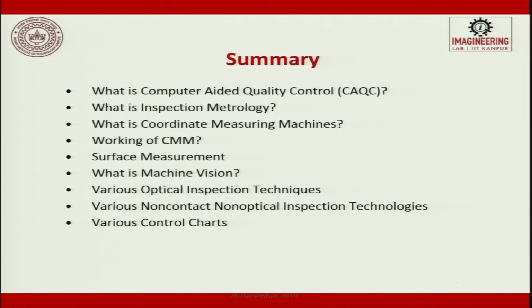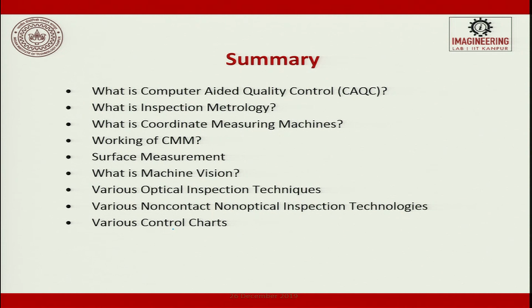To summarize, in this chapter we have seen what computer aided quality control is, what inspection metrology is, what a coordinate measuring machine is and how it works, surface measurements, what machine vision is, various optical inspection techniques, various non-contact, non-optical inspection technologies, and the last one, various control charts.